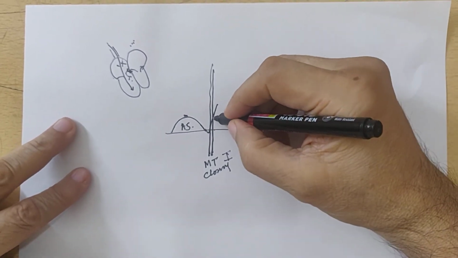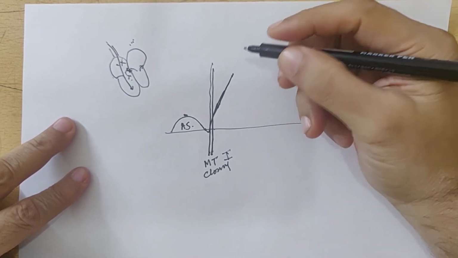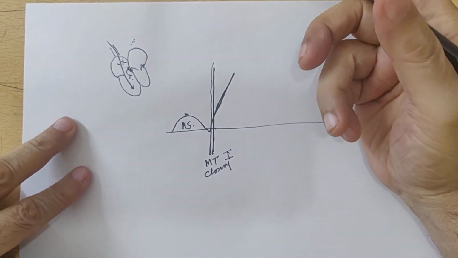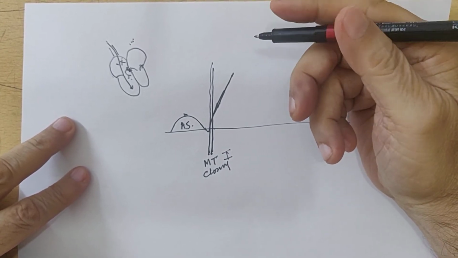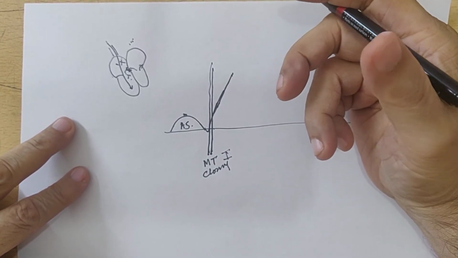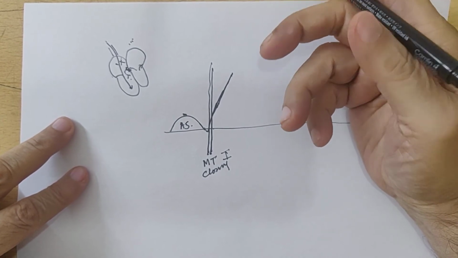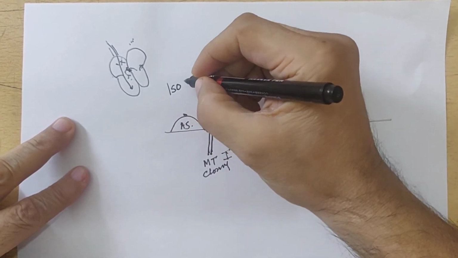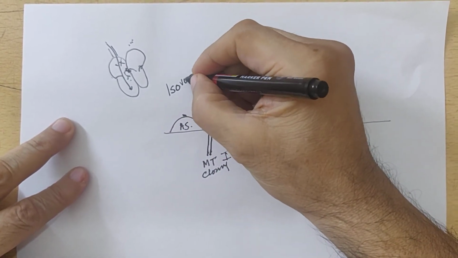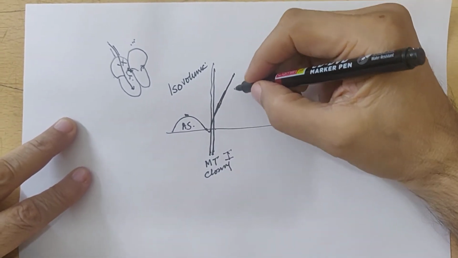Now the pressure in the ventricle is more than the atrium but less than the artery, pulmonary artery or aorta. Therefore, the pulmonary valves are already closed. So from here to here, the pressure would continue to rise with both inlet and outlet valves closed, and therefore the volume of the ventricle is constant, and this is called the isovolumic phase.